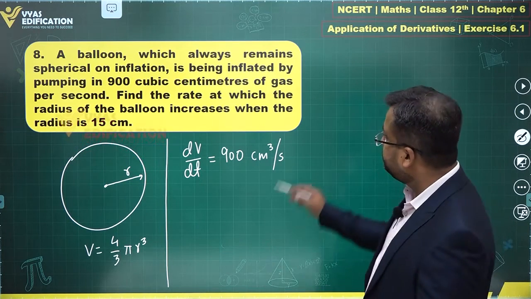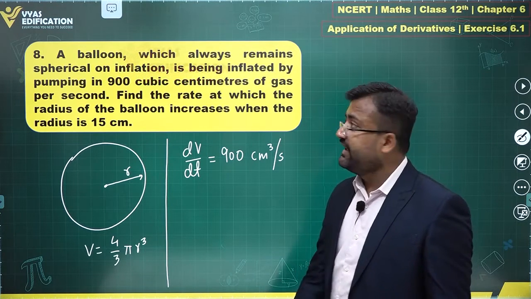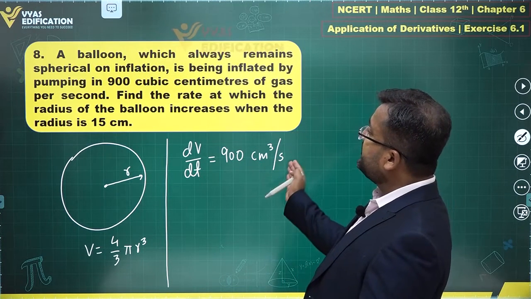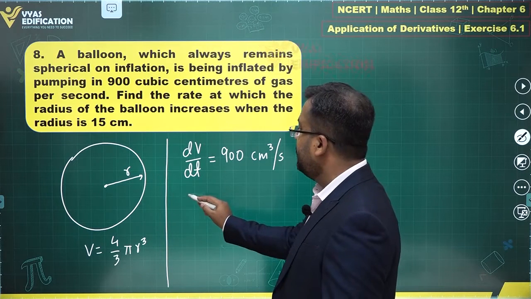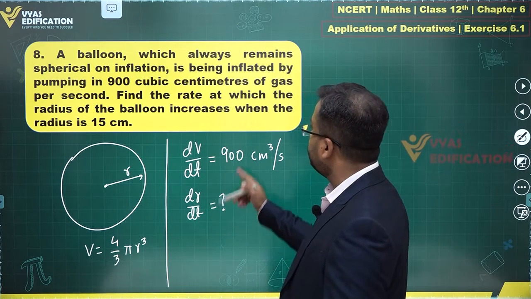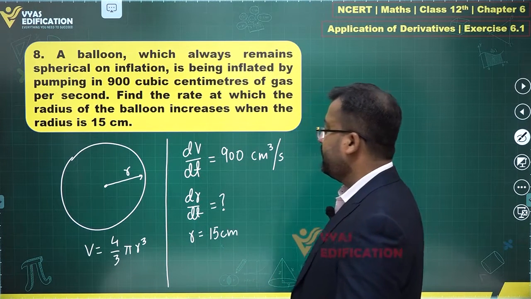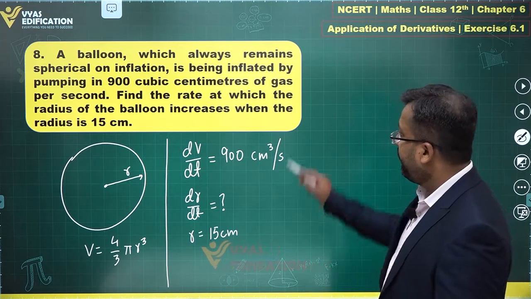This is the unit. We have written the units properly to check whether the given data is consistent, right? Find the rate at which the radius of the balloon increases. So dr by dt is the question mark, when radius is 15 centimeter. This is being asked, right?